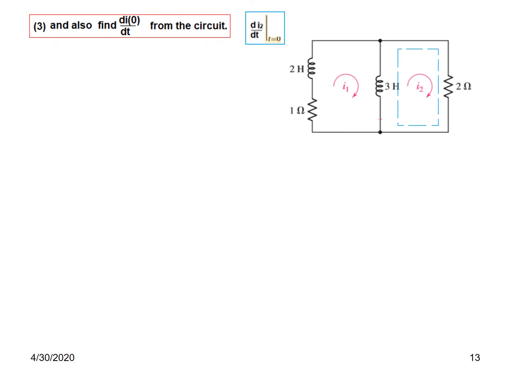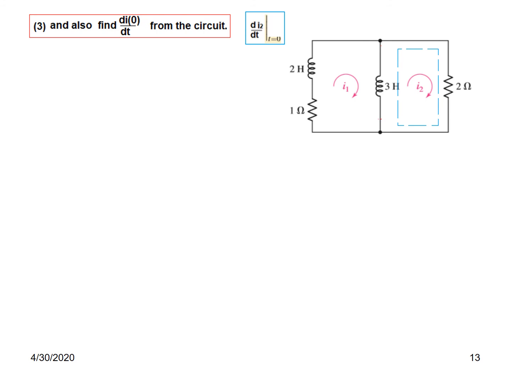Okay, so for di/dt at 0 from this circuit, now if you look at this circuit, our current number 2 or I2 is shared by both of the meshes. So if you solve this mesh, here you will have I1 minus I2.